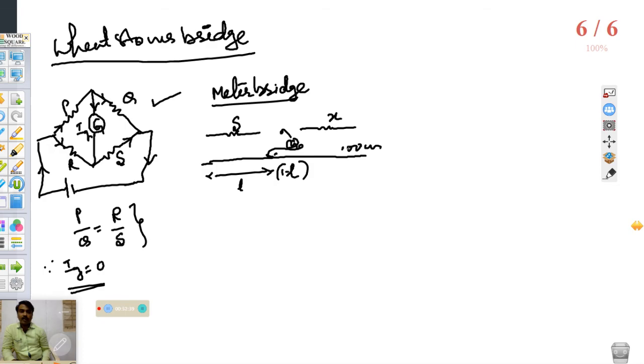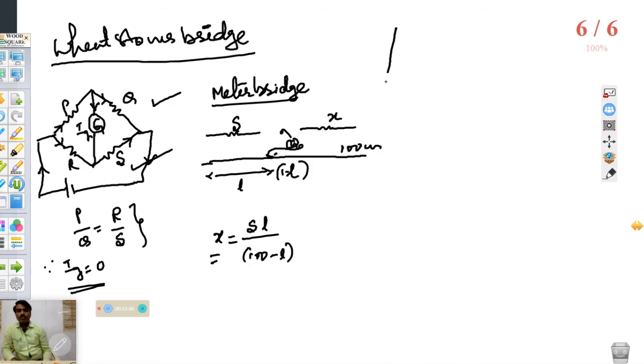So using the meter bridge, applying this Wheatstone principle, we can calculate the unknown value of resistance, X is equal to S L divided by (100 minus L), or 1 minus L. 100 minus L is in centimeter and 1 minus L is in meter. Like this we can calculate unknown resistance also.